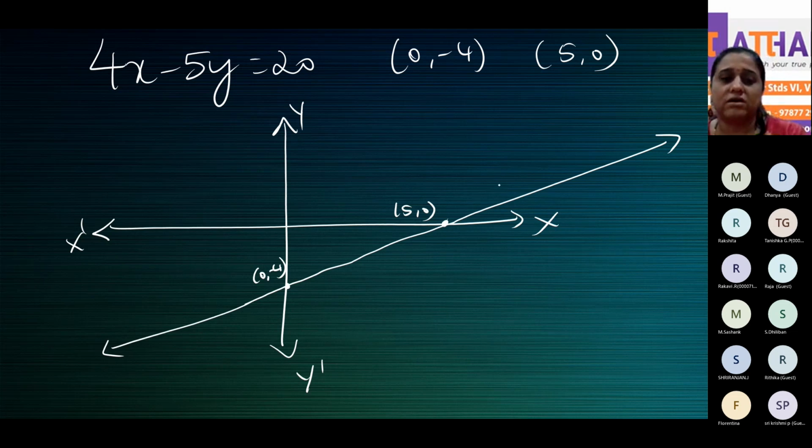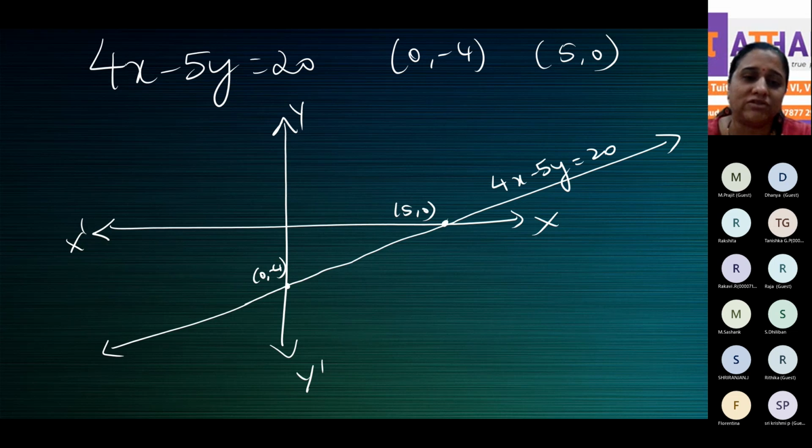So this is that line, 4x minus 5y is equal to 20. This line intersects the x-axis at 5 comma 0 and the y-axis at 0 comma minus 4.